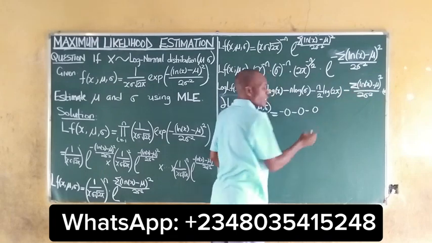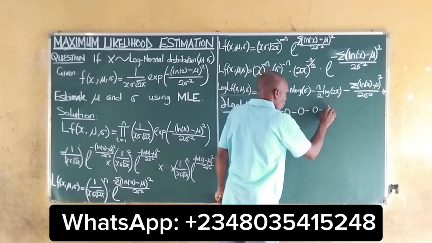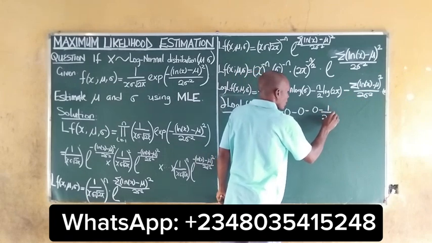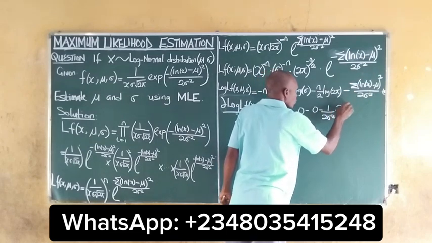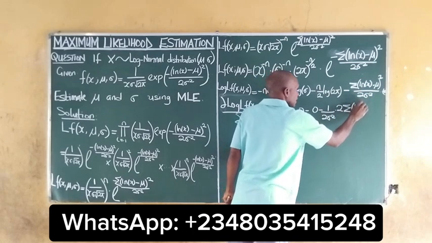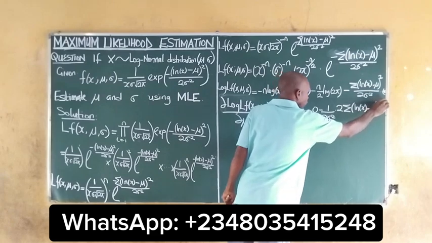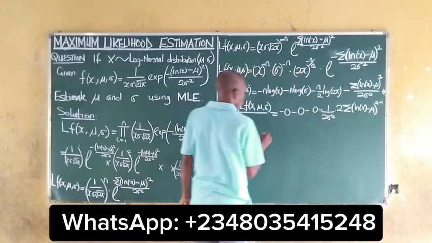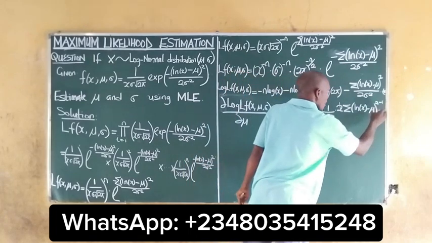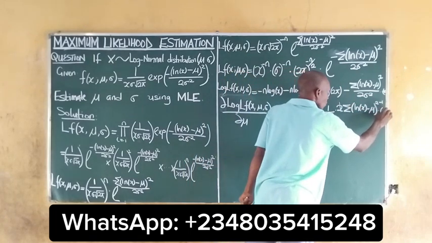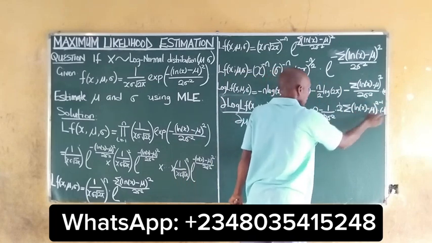Then for this, we take the partial derivative, which is negative 1 all over 2 sigma squared, multiplied by 2 ln x minus mu raised to the power of 2 minus 1, of course this will cancel this, multiplied by minus 1 from the composite function, because we differentiate what is inside and it gives us minus 1.